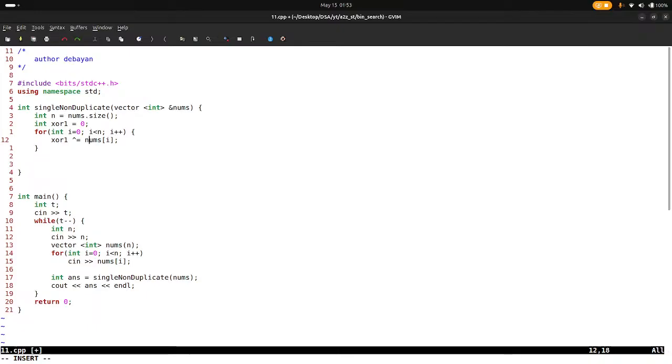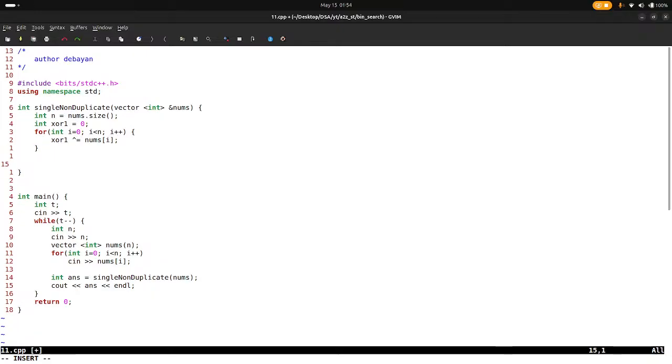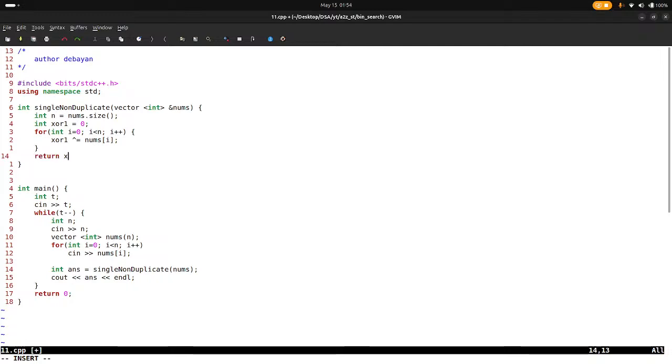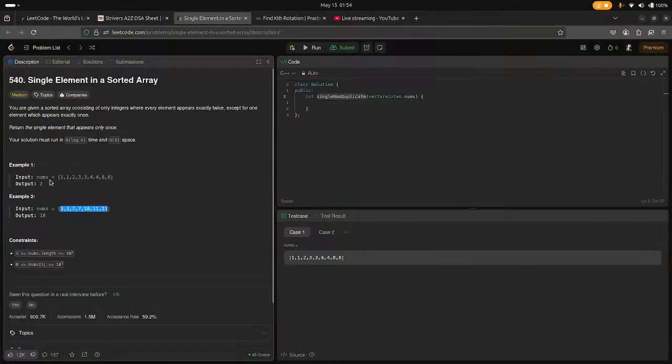I am not sure if 0 works or not. So the answer should be return XOR1. Compile with C++ 11.cpp dash o 11, and input 2 and 10 makes sense. Let me see. Yeah, 2 and 10.